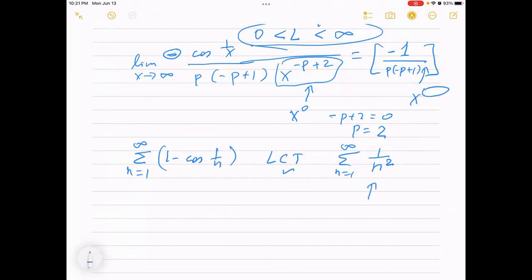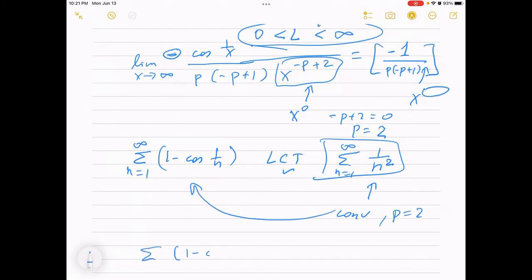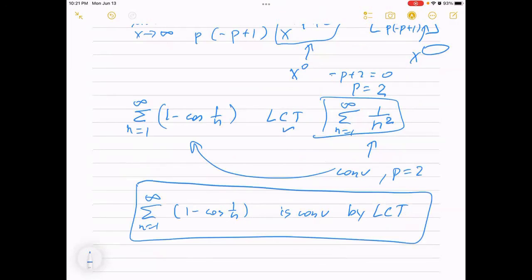And here, the second series is convergent, a p-series with p equals 2. So we turn around and conclude that our original series, from 1 to infinity, is convergent by LCT. That's the conclusion about this example.